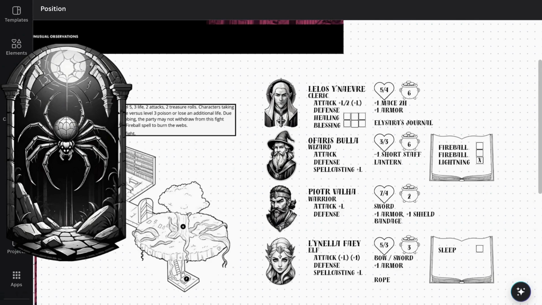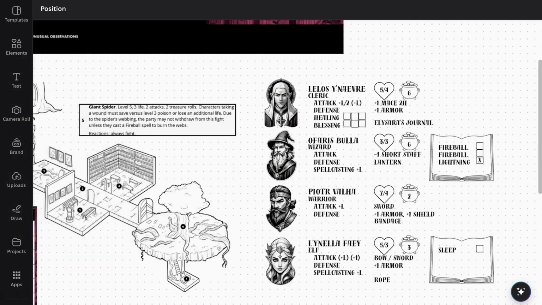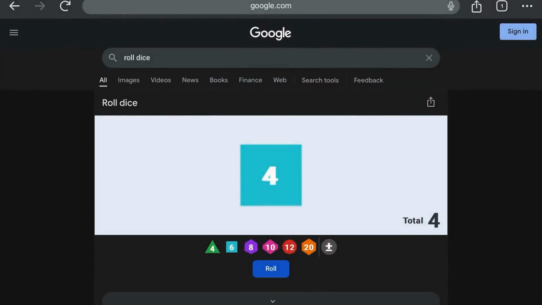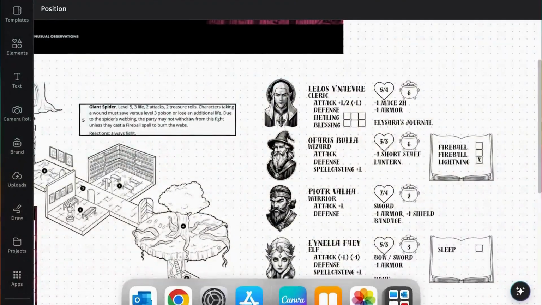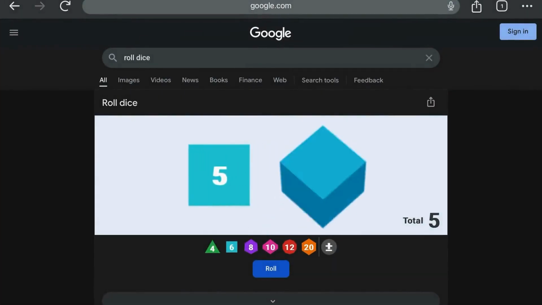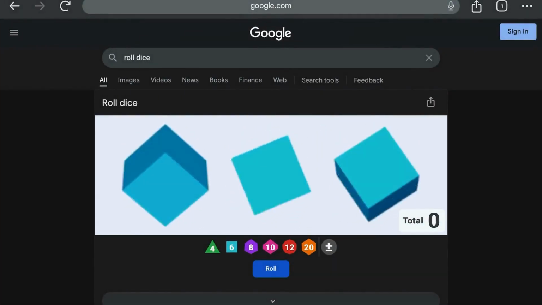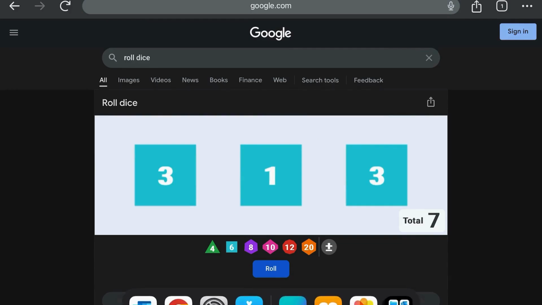Yay! Now let's look for the webs for the 2 treasures. First treasure, 5, okay. 1 item of jewelry worth 3d6 times 10 gold pieces. So a jewelry worth 70.